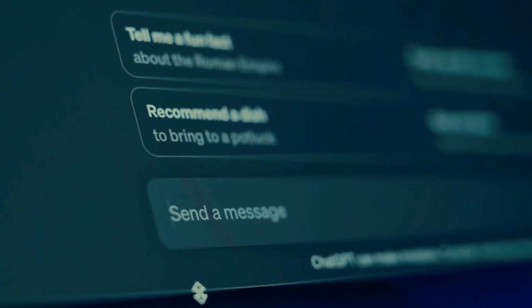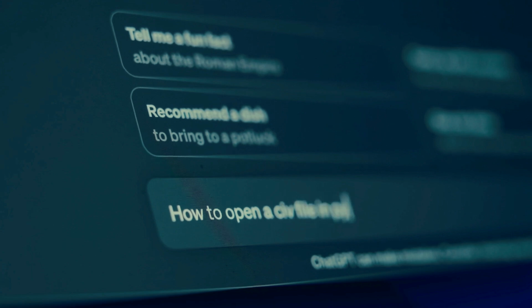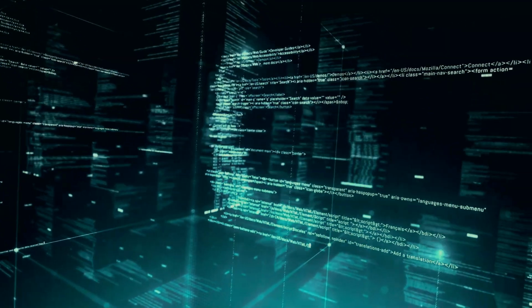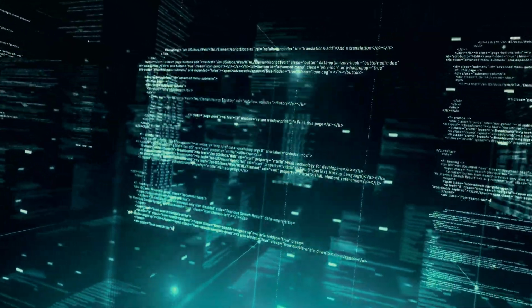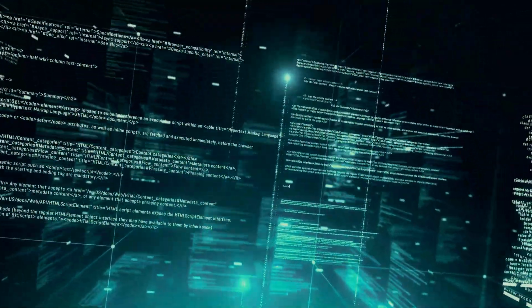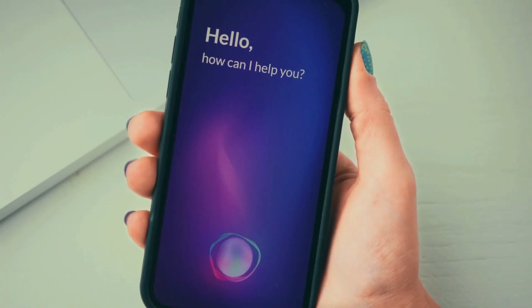What are large language models? Let's start with the basics. Large language models, or LLMs, are advanced AI systems trained on a massive amount of text data. Think of it as a tool that can understand, generate, and even translate human language.